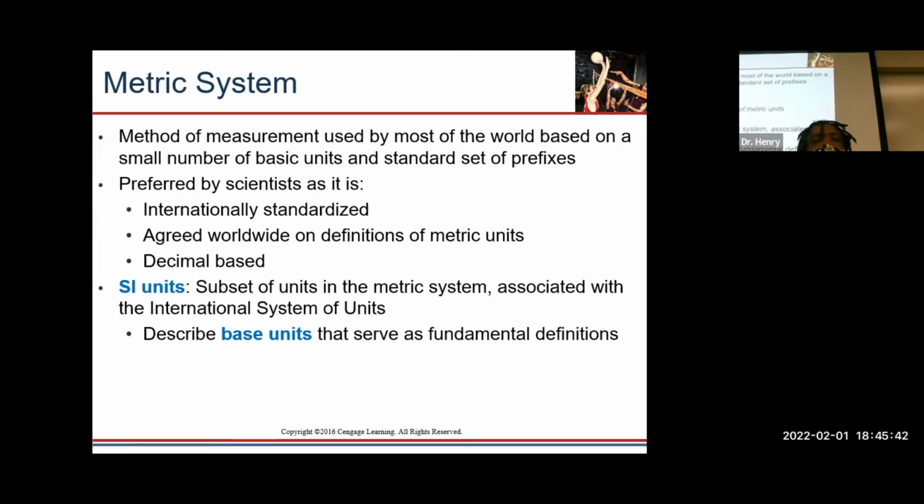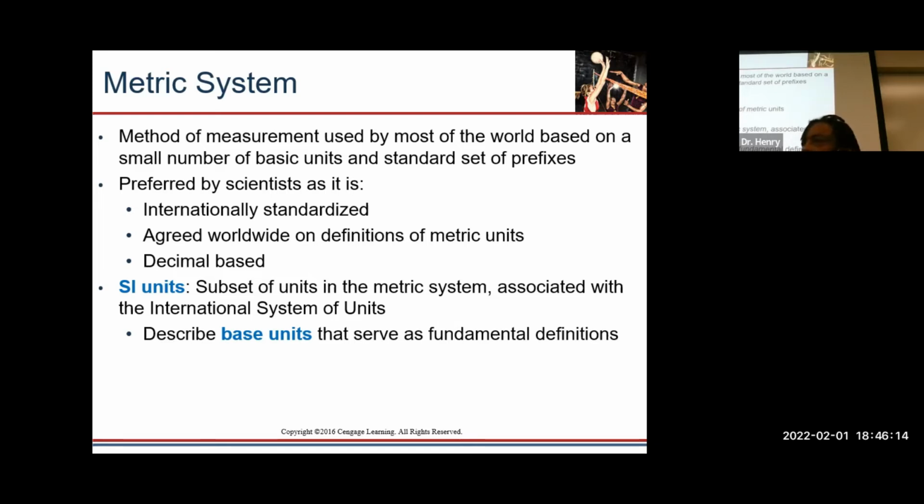Right? No. So the thing is that it's not perfect, right? We went from 12 inches to 1 foot, 3 feet. Does that make sense? There's no rhyme or rhythm to it, where the metric system has multiples of 10, right? So we use the metric system because, like I said, scientists are lazy. Although we like calculations, we don't want to do crazy calculations. 1,760, come on now, really?